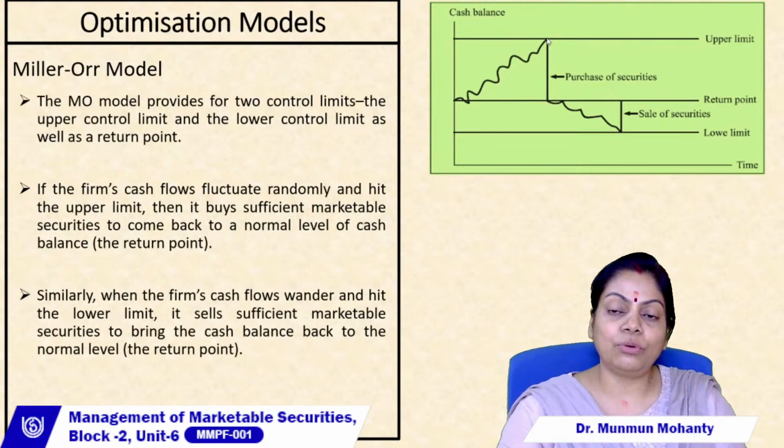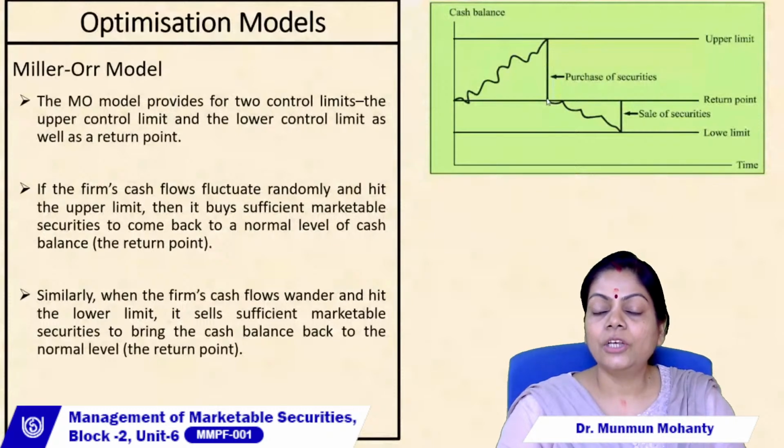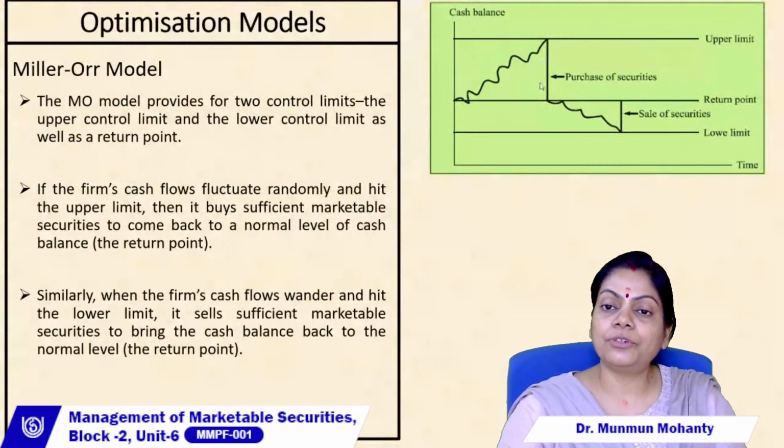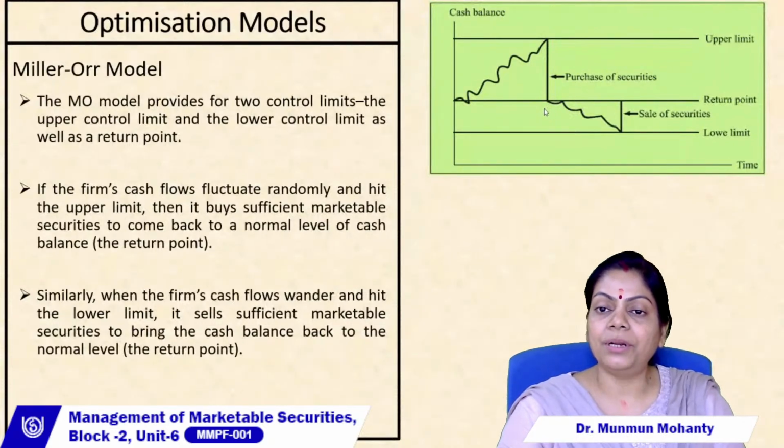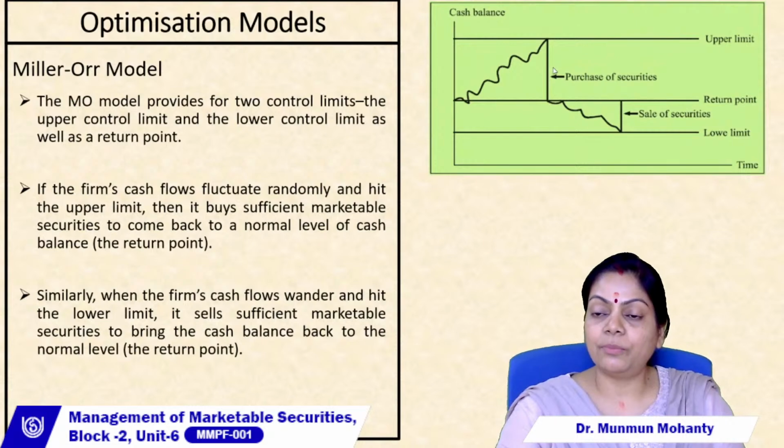The moment it reaches 2 lakh, I'll buy marketable securities to the tune of 1.5 lakh, so that my optimum cash balance is again maintained at 50,000 rupees. Similarly, when the cash flow wanders and hits the lower limit, let us say 10,000 rupees, I'll sell some of the marketable securities, realize the cash and come back to this point.